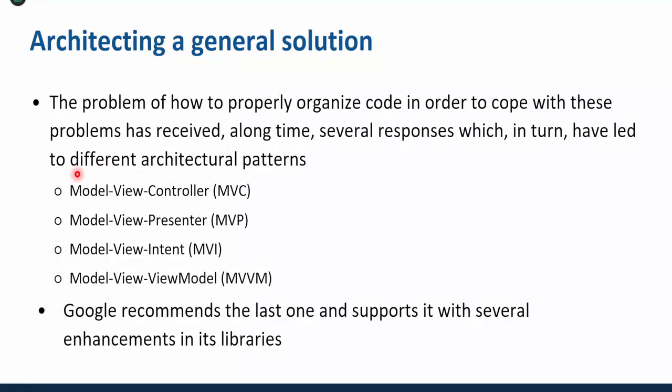The model, as you have seen, survived through all the evolution because it's just data with some little logic as ways of preparing your data. You have the views because you have the user interface towards the data. So the main thing that changes is the interface between the model and the view, which may be a controller, a presenter, an intent mechanism, or a view model.